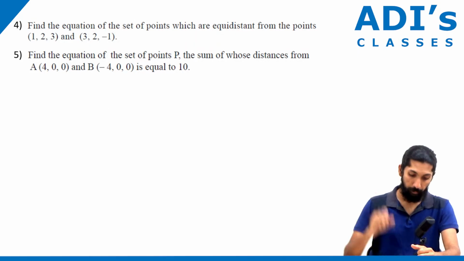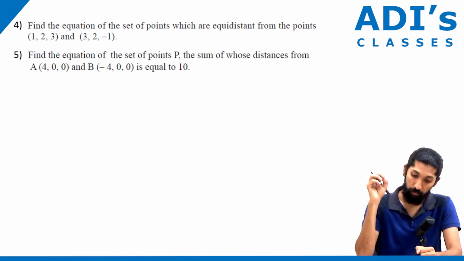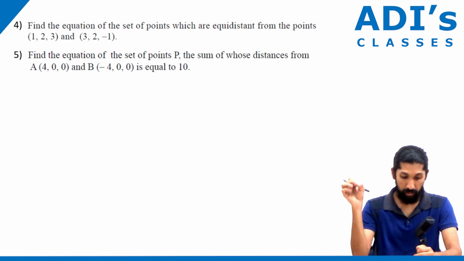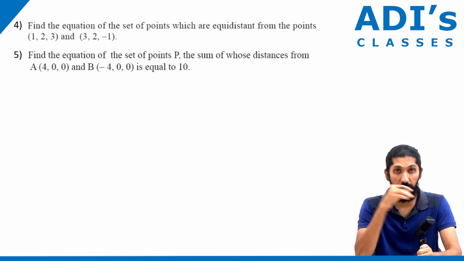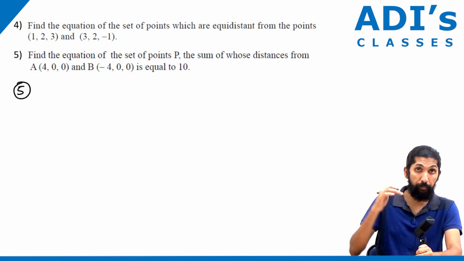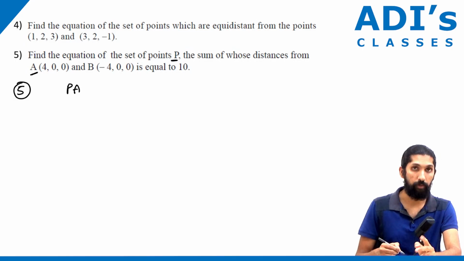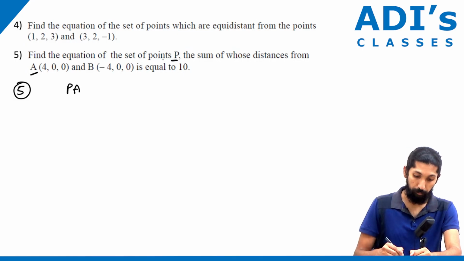See the fifth one? Find the equation of the set of points P, the sum of whose distances from A and B is equal to 10. Alright, let's break down the question. First we are calculating PA, then from P to B we are doing PB.